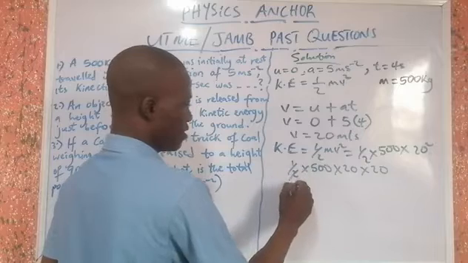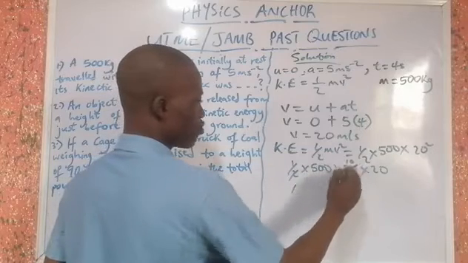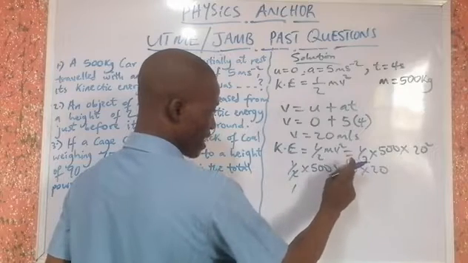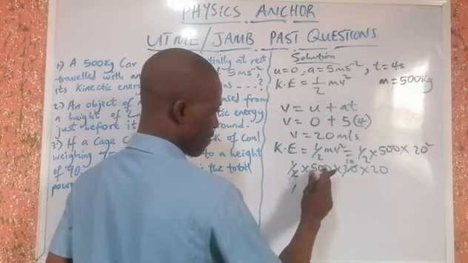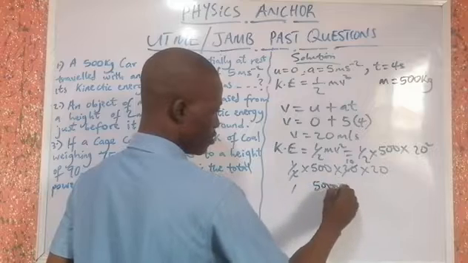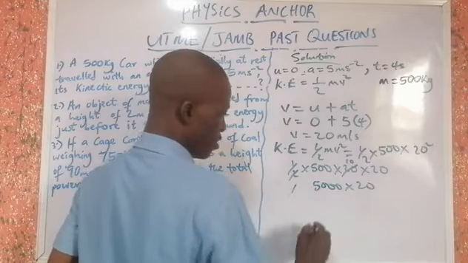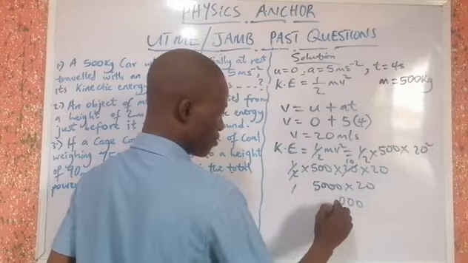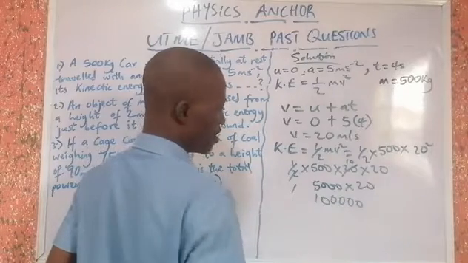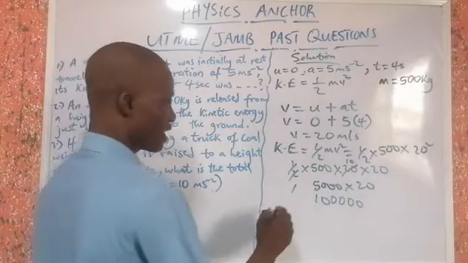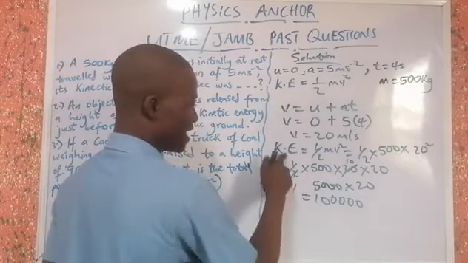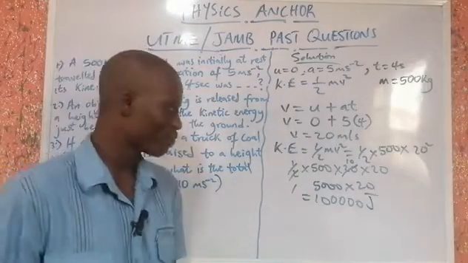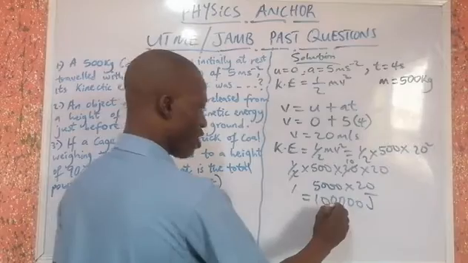Well, half of 2 gives 10, so 500 times 10 times 20. 500 times 10 will give me 5,000, times 20 will give me 100,000. And its kinetic energy should be in joules since we are working with energy. So that will be 100,000 joules.